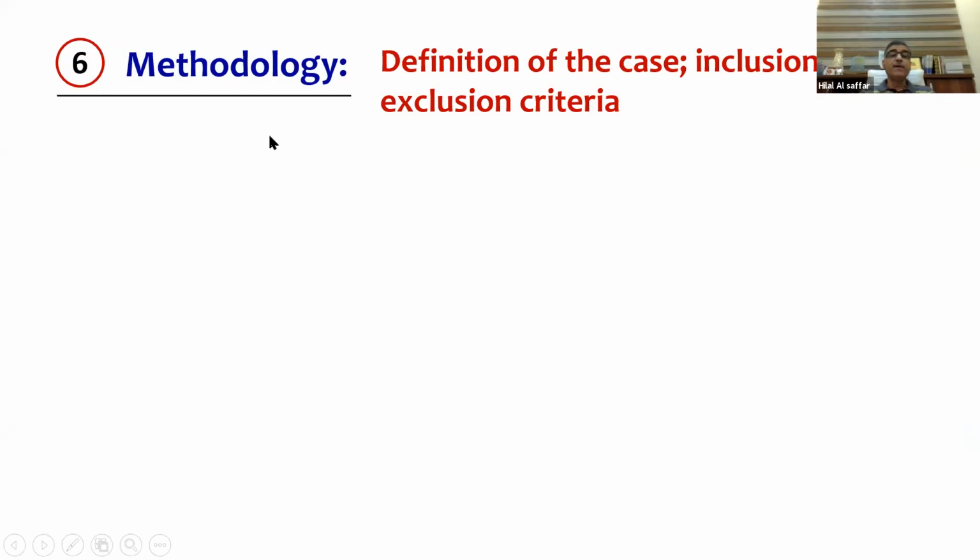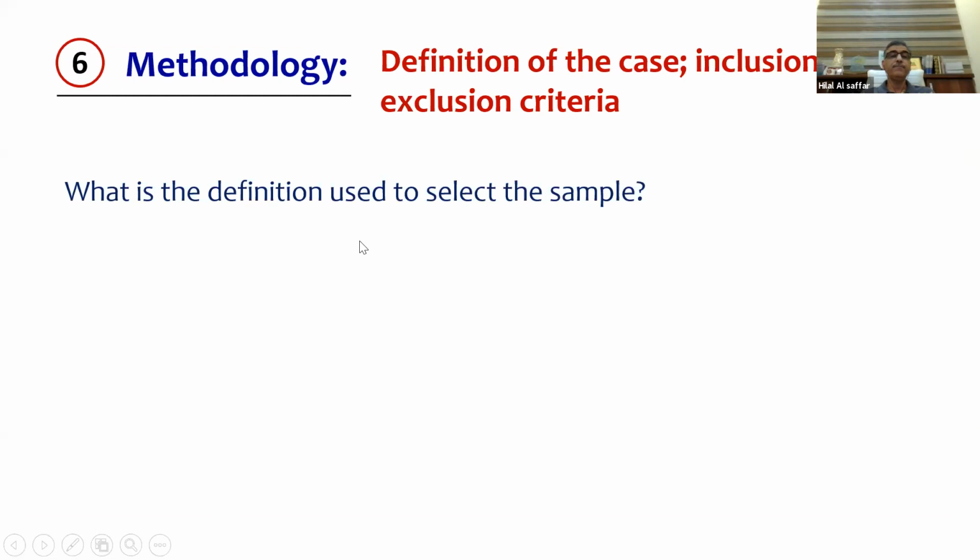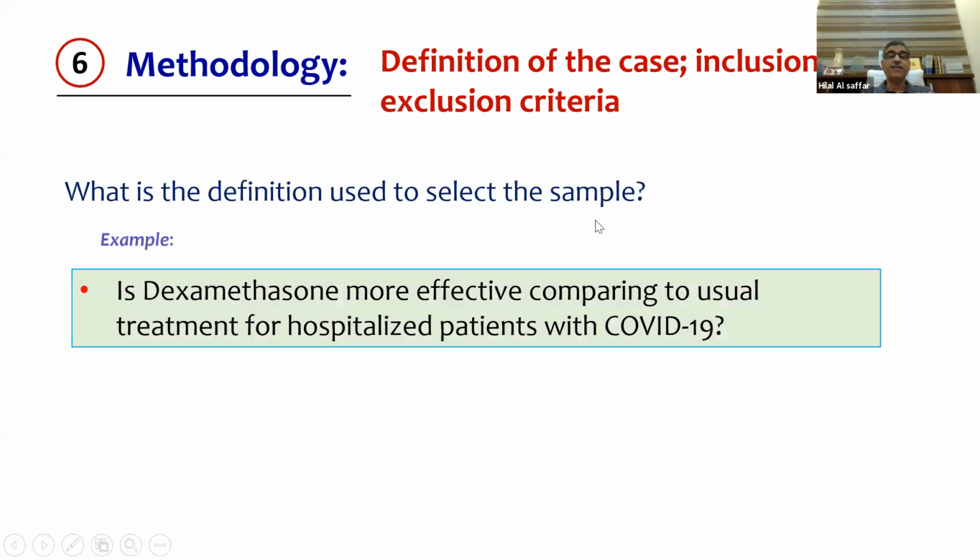Methodology. الجزء الثاني بعد ما نختار الريسيرش كويستشن هو definition of the case و inclusion and exclusion criteria. What is the definition used to select your sample? هذا سؤال دوما ينسأل. يعني احنا الآن عندنا هذا المثال.